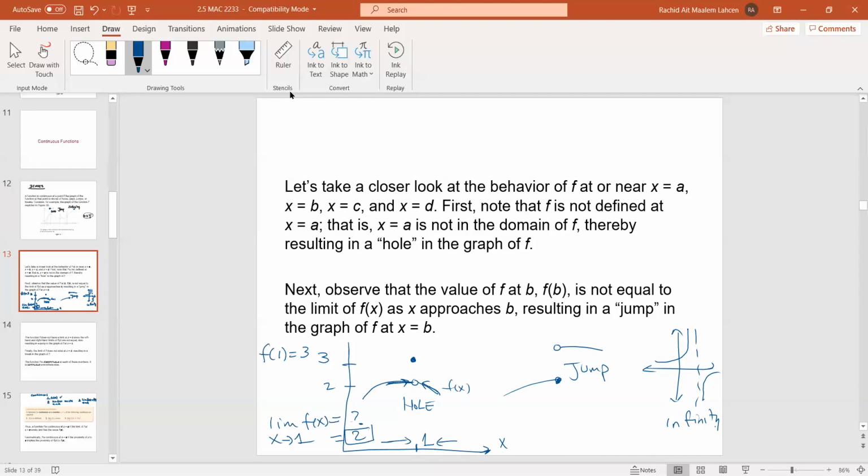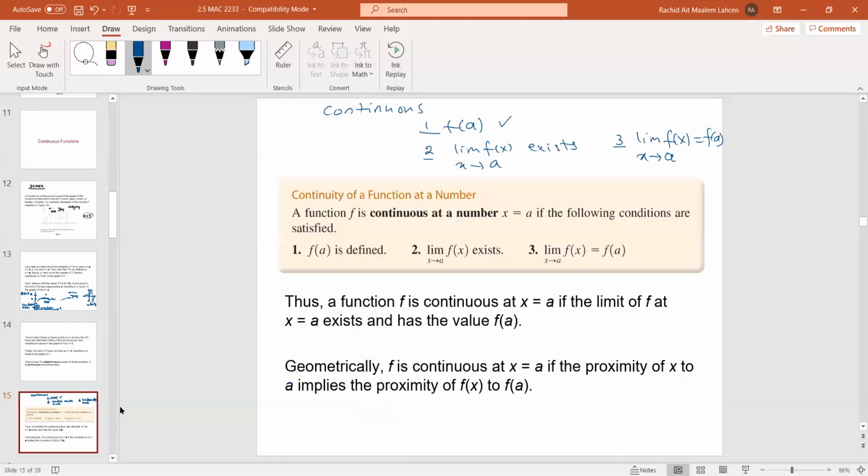So f of 1 is 3. However, the limit is 2. Does the limit exist? Yes, but it's not continuous. So that's where we know it's not continuous. That's number 3, this important condition here. If the limit and f of a are not equal, then that doesn't satisfy the third condition for the continuity to exist there.